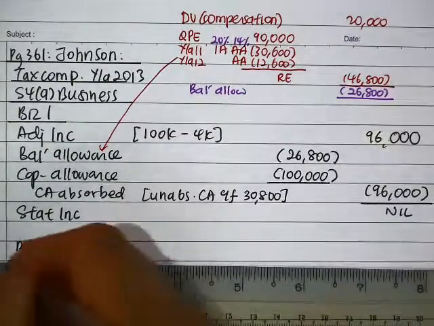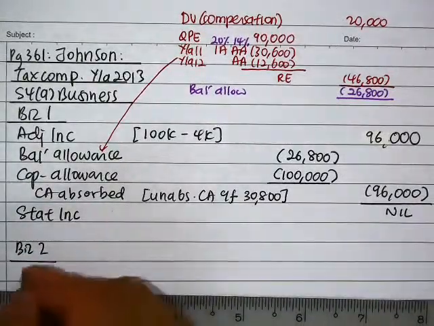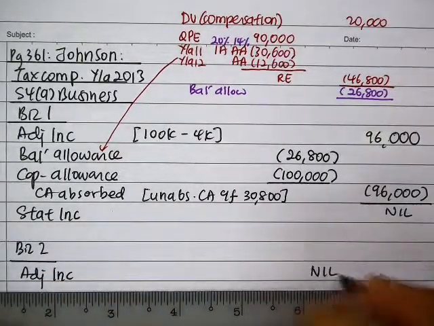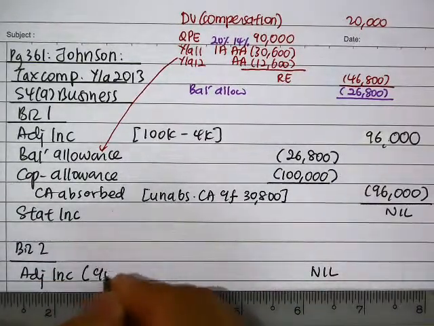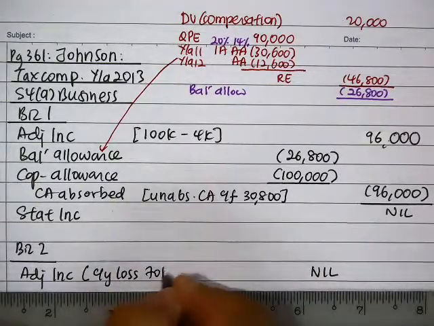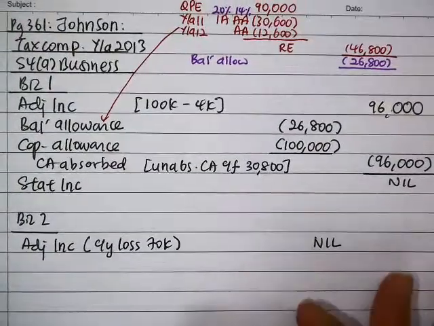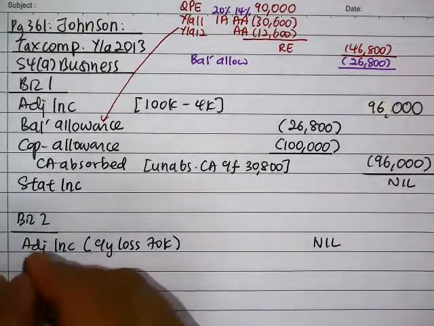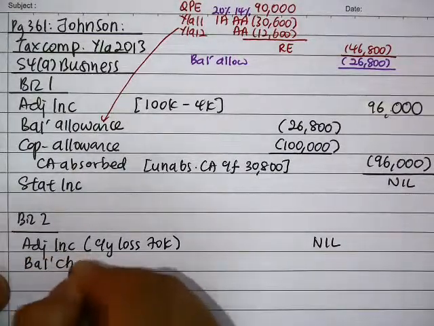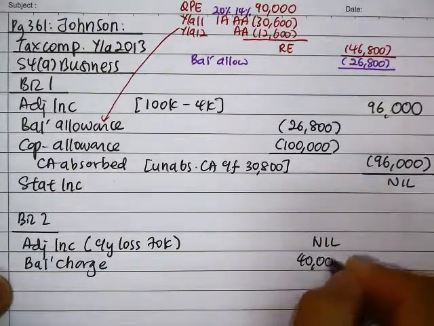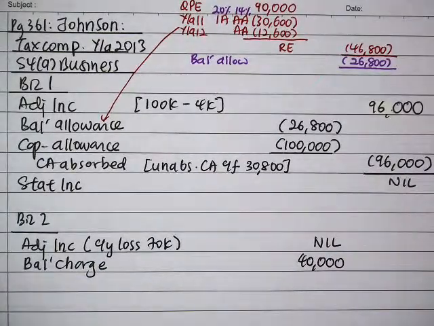Now in the second business, been told that adjusted loss 70. So we have a loss of 70. You got no income in that year, of course, okay? Now we still have a balancing charge of 40,000. Okay?